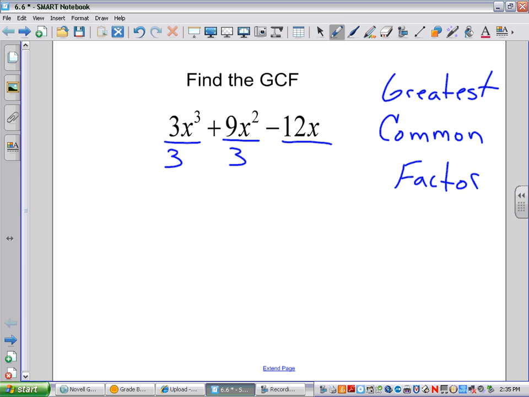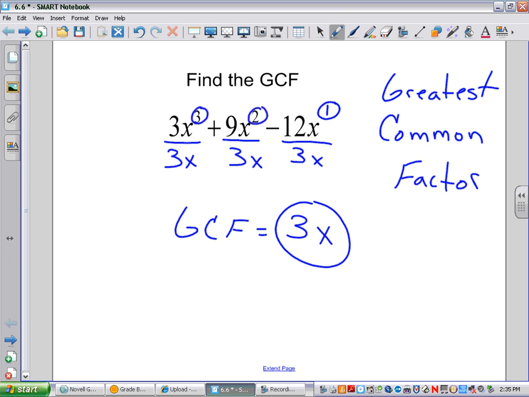I can divide them all by 3. And then looking at your exponents, I have an x cubed, an x squared, and this out here is really x to the first. So I can take an x out of each of them. It's always going to be the smallest exponent, by the way. So my greatest common factor is 3x. 3x is my answer.